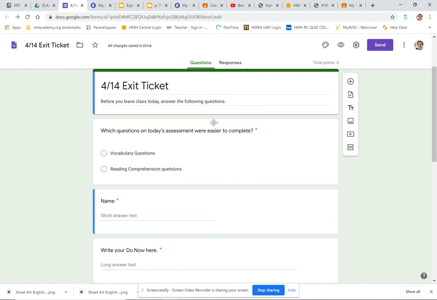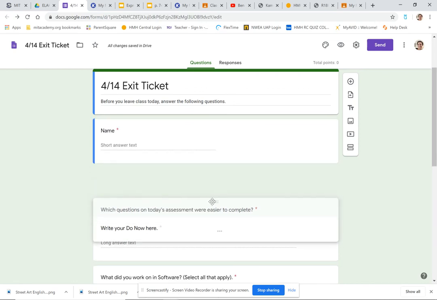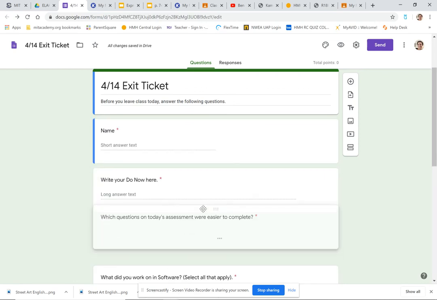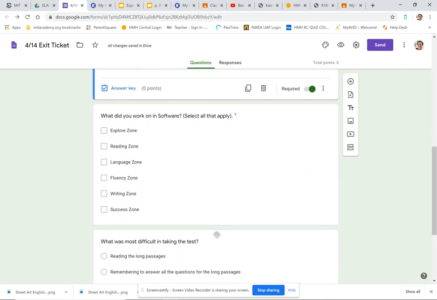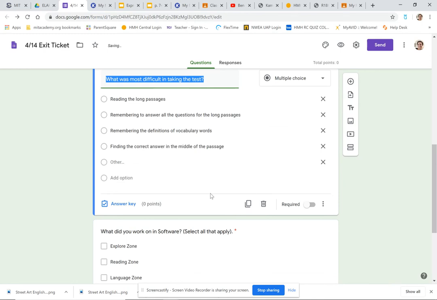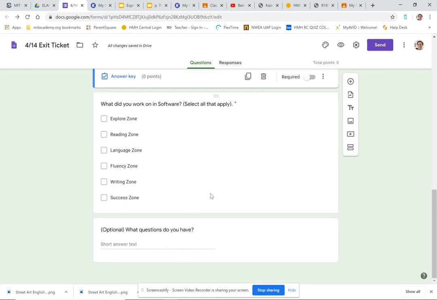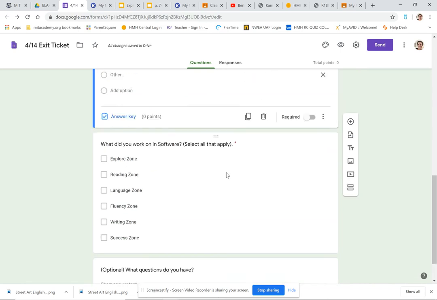It will ask you which questions were easier to complete. It will ask you what was most difficult in taking the test. And then it will ask you your usual questions. What did you work on in software? And what further questions do you have? So please go ahead and answer your exit ticket.